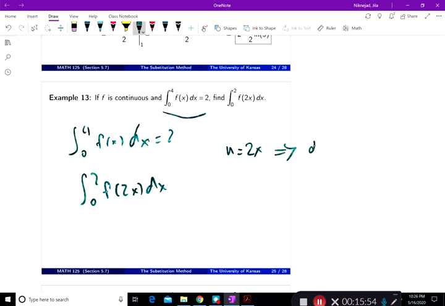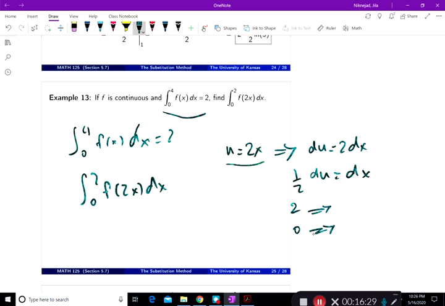U equal to 2x is going to make du equal to 2 dx, so 1/2 of du equal to dx. I have to change the bounds also, x equal to 0 and then x equal to 2.